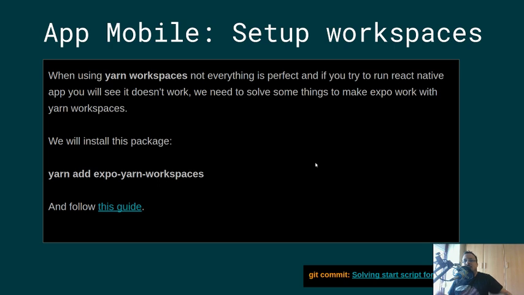Okay, so now we go to app mobile. Let me check if you have something. Okay, so now we are in our mobile application. We remember that we created an Expo mobile application, but we are working with Yarn workspaces.